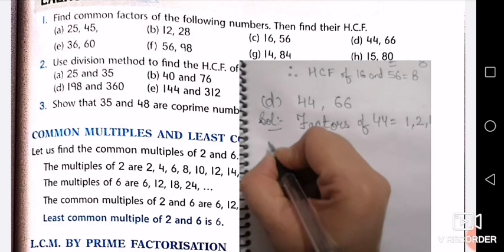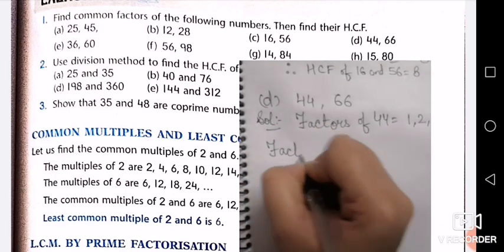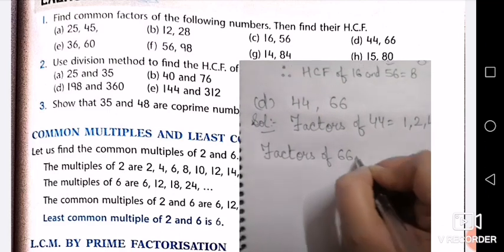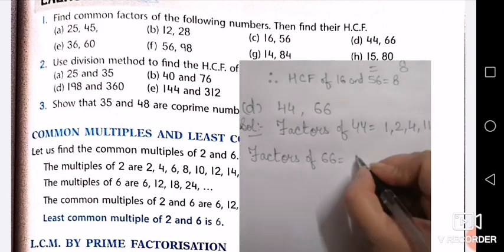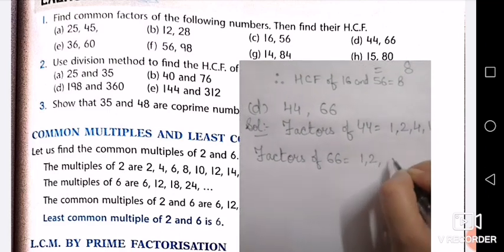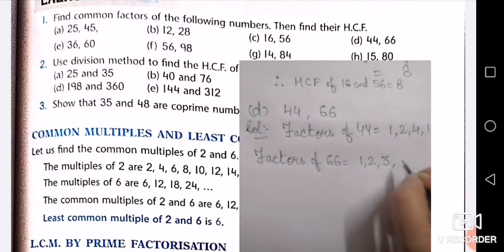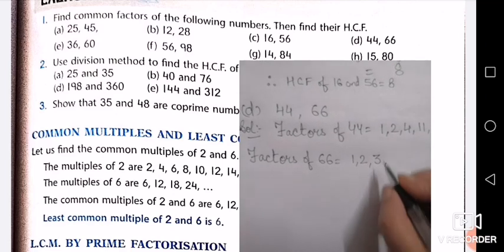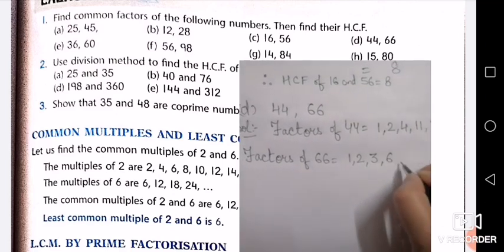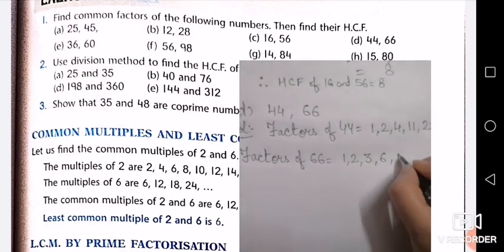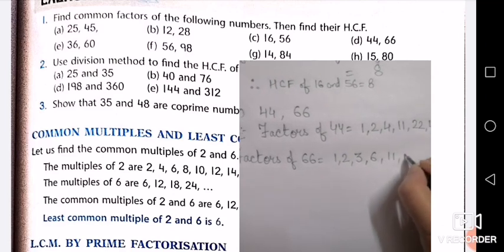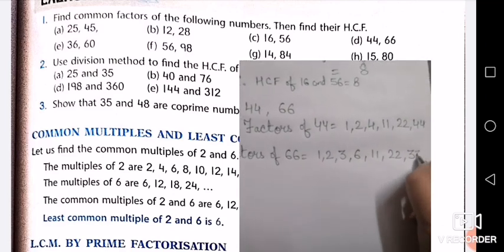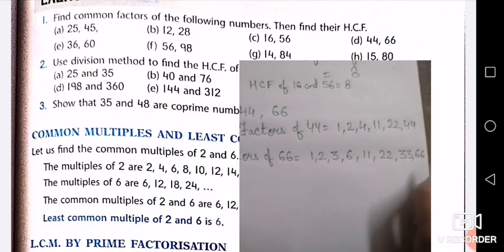Now the next is factors of 66. Factors of 66 are 1, 2, 3. Now here 4 is not a factor of 66. So we'll see 6, then after that 11, then 22 and then 33 and then 66.